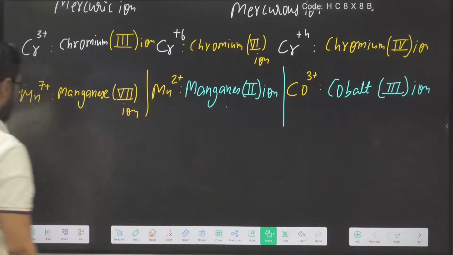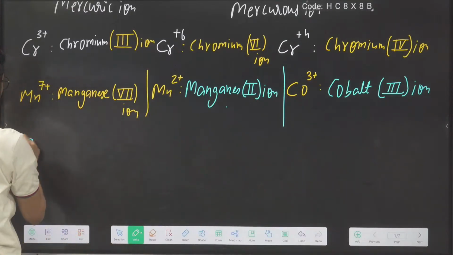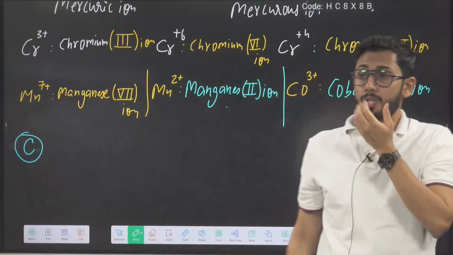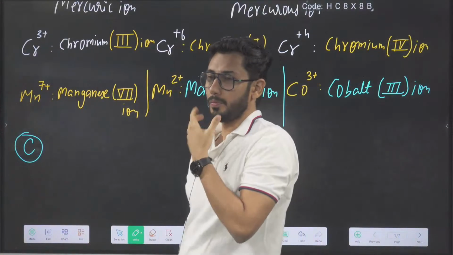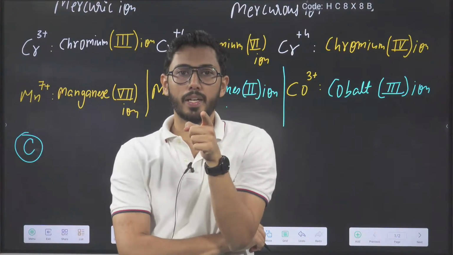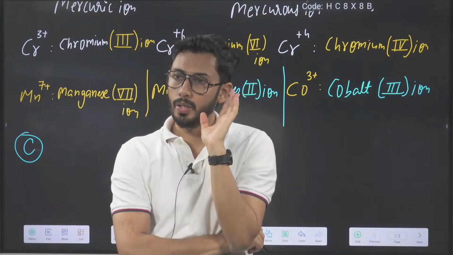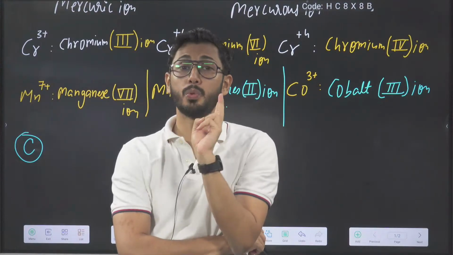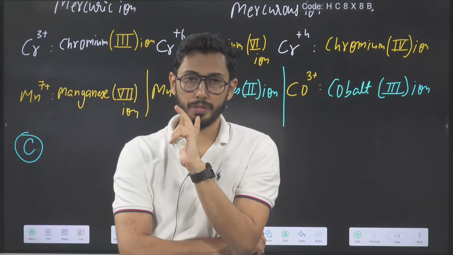Now the third one is the cation in which the charge is on a non-metal. We are discussing naming of cations. First was metal cations which show only one type of positive charge. Second, those metal ions which show variable oxidation states.